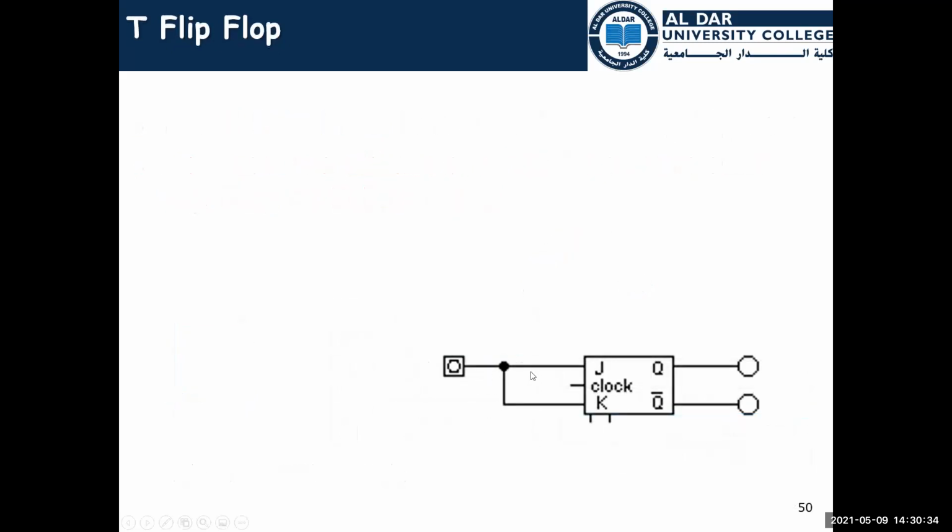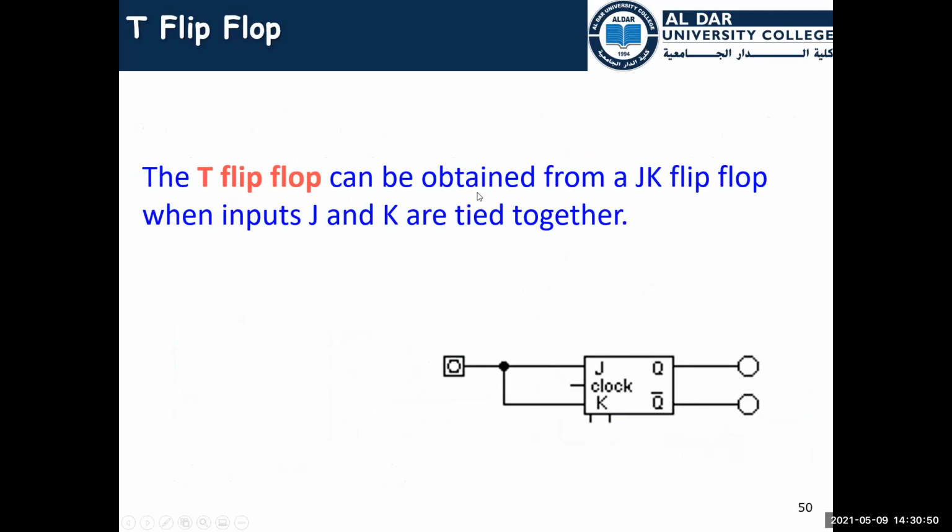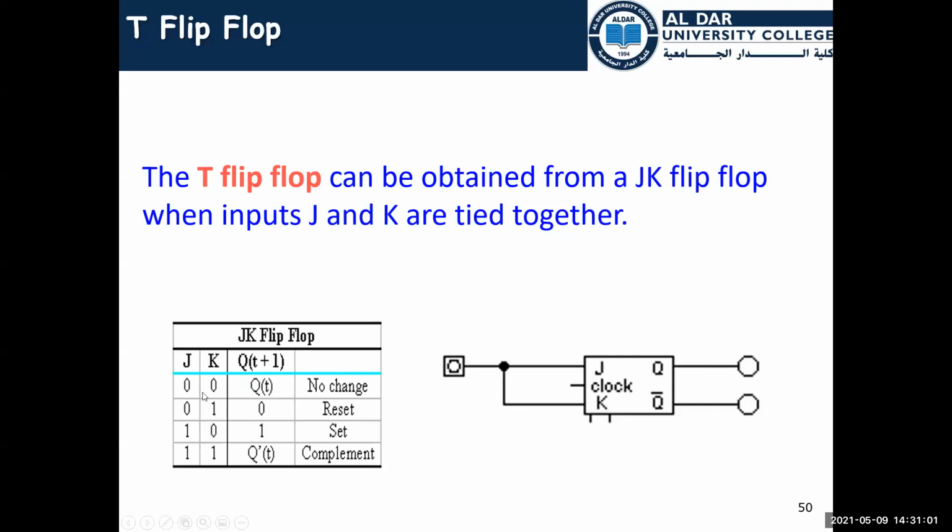We have a JK flip-flop, and we connect J and K together, and this is the T, and we have output Q, which is the current state, and Q', which is the complement of the current state. So the T flip-flop is obtained by just connecting the two inputs of the JK flip-flop together. We tie them together to get the T flip-flop operation.